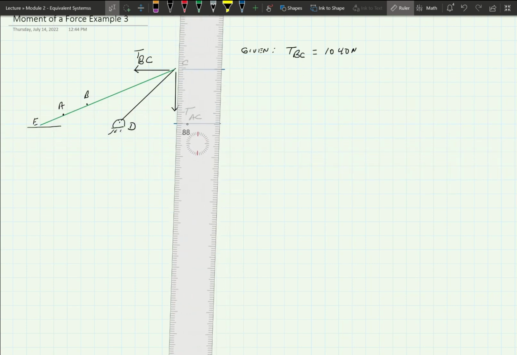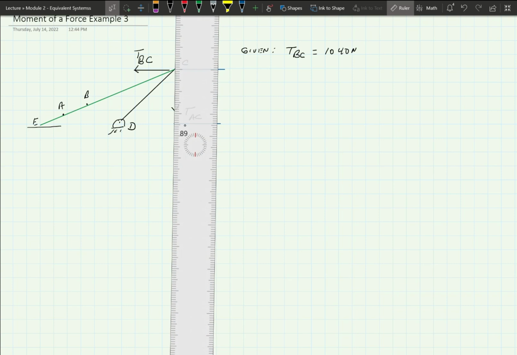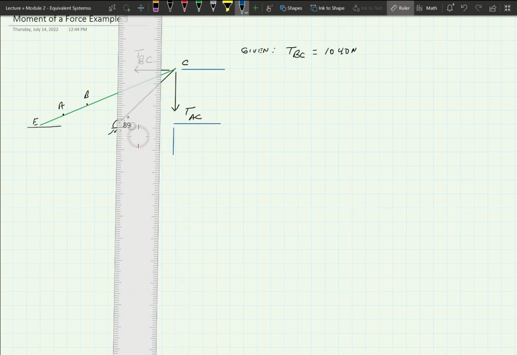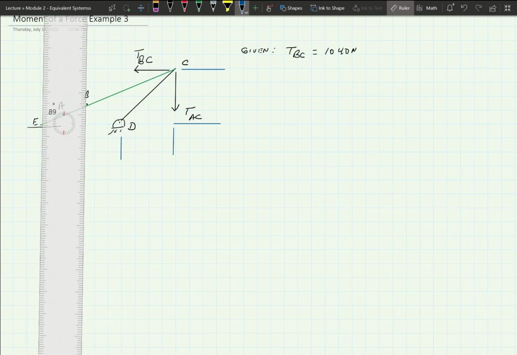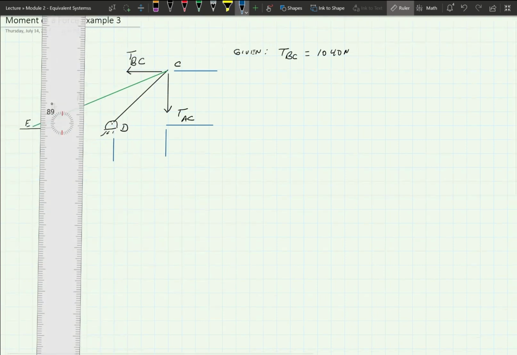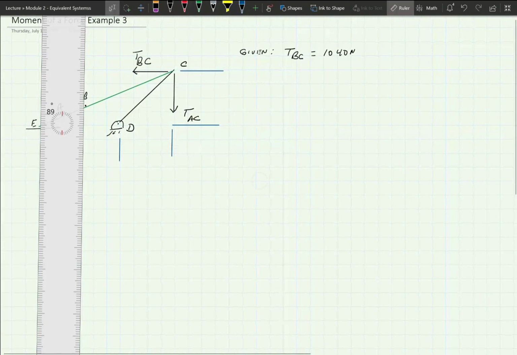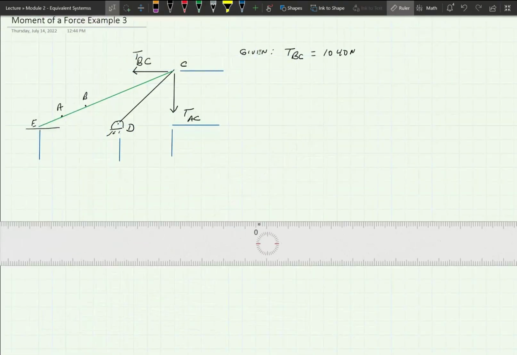I'm going to do this one here, there and over here at E. Okay, so in those we have 0.875 meters.